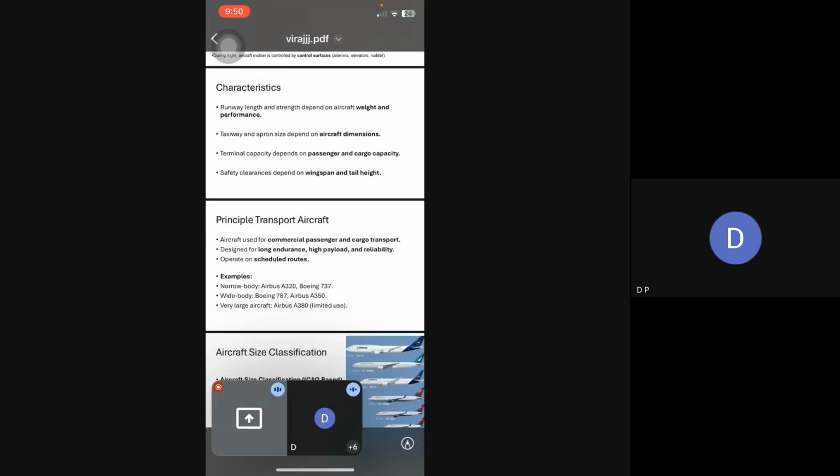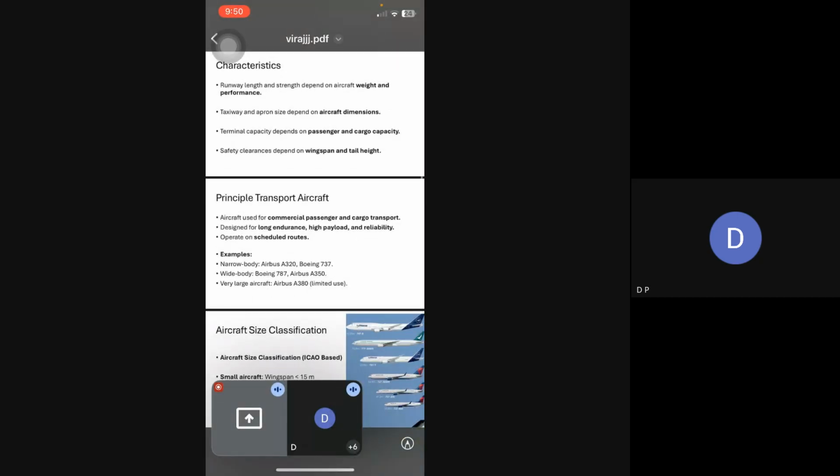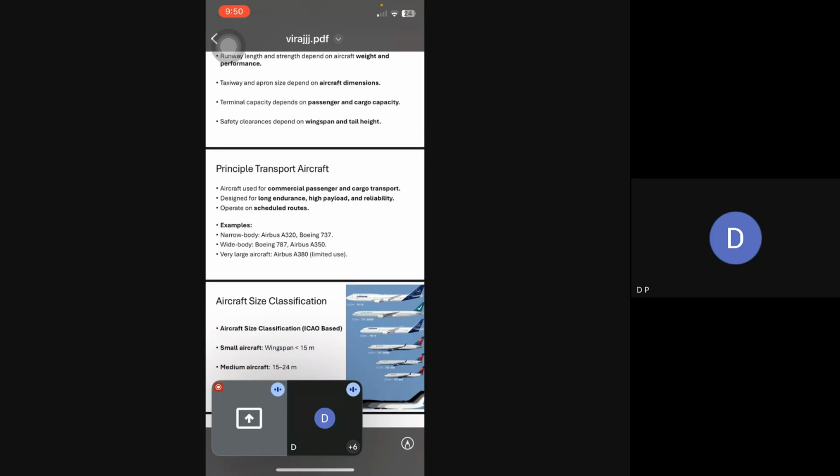Characteristics: runway length and strength depend on aircraft weight and performance. Taxiway and apron size depend on aircraft dimensions. Terminal capacity depends on passenger and cargo capacity. Safety clearance depends on wingspan and tail height.